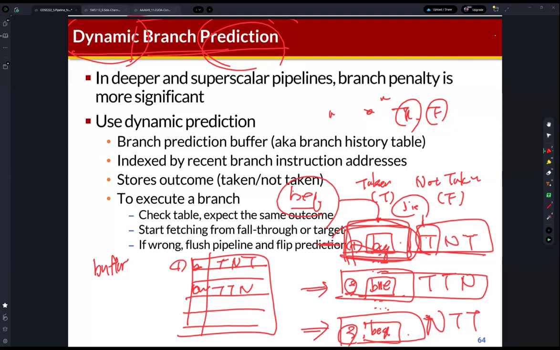Then how can we identify these branch instructions? How can we identify instructions?